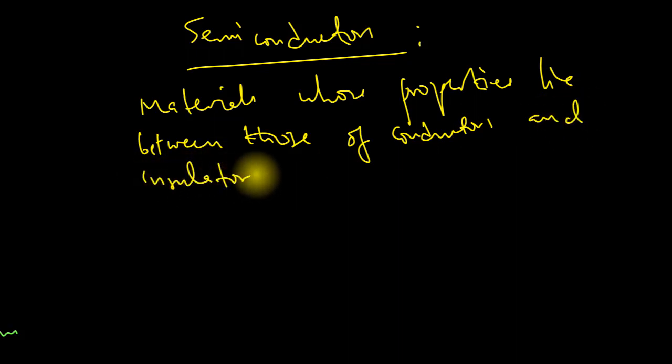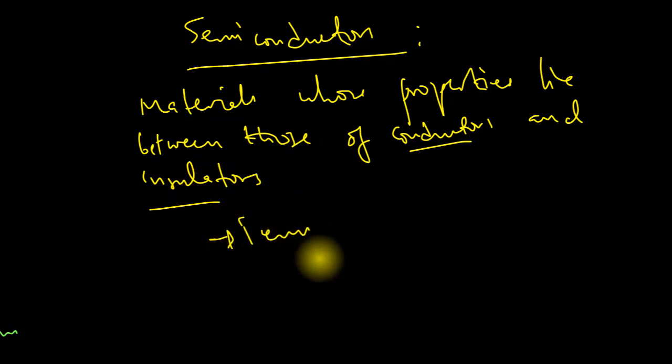What this means basically is that semiconductors have properties of both conductors and insulators, so they can conduct at some conditions and they can become insulators at some conditions. The main condition here is temperature. When the temperature is low, these materials are basically insulators. When the temperature is high, most of them become conductors.